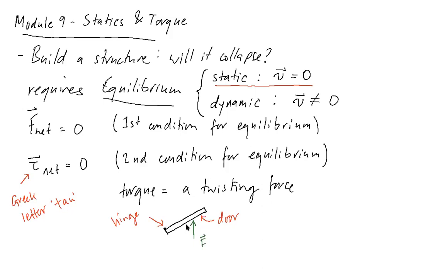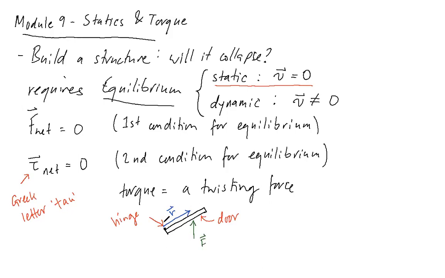And how do we get it? First we have to define what is known as the lever arm: the distance from the pivot point to where the force is applied. This is called r, and it's a vector.